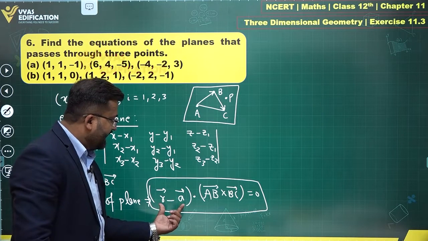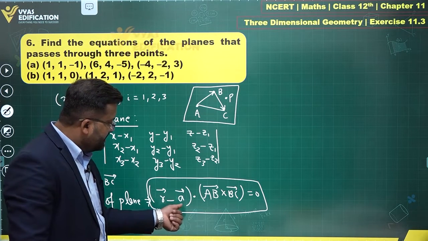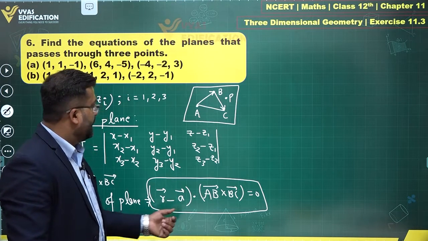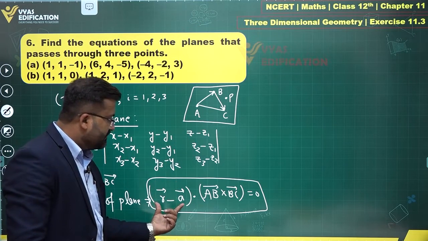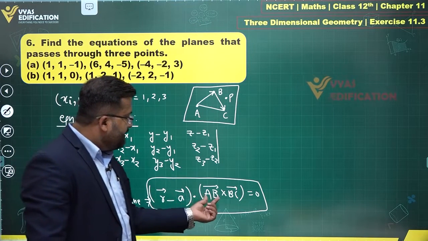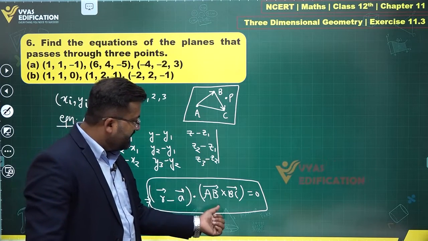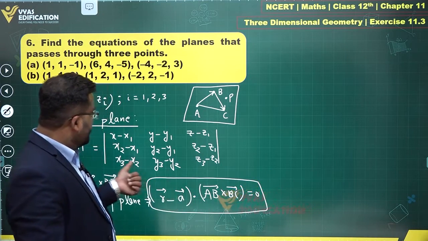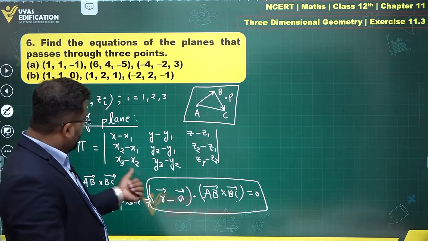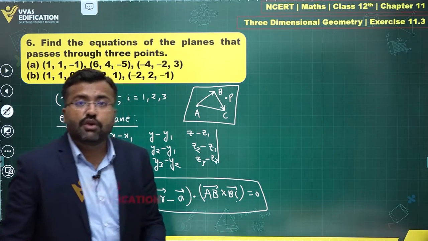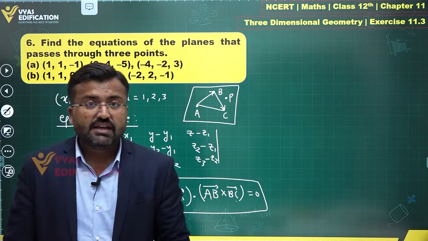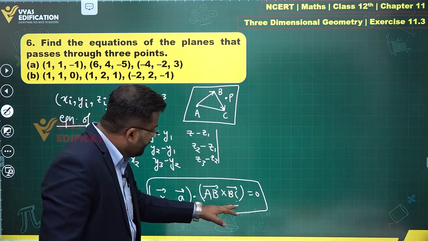So r minus a, do you observe that r minus a will be x minus this x coordinate x1, y minus y1, z minus z1. That's what we'll be having over here. AB vector is x2 minus x1, y2 minus y1, z2 minus z1, and BC vector is x3 minus x2, y3 minus y2, z3 minus z2. That's what you have. Okay, is this the only approach that I can follow?